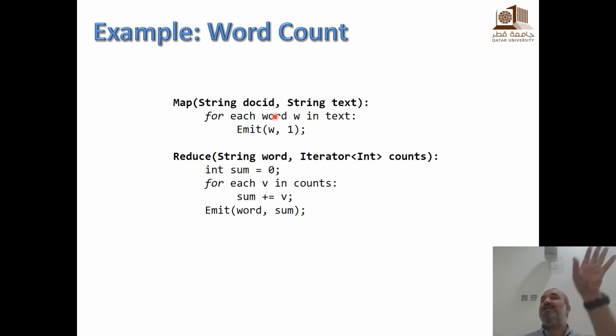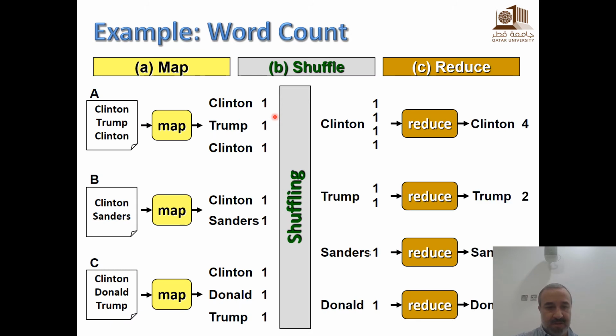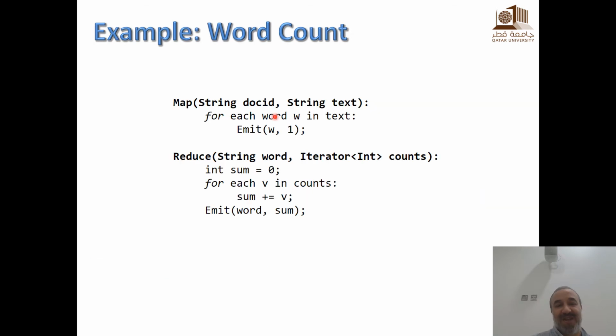So eventually I need Clinton 3, Trump I think was 2, something like that, right? Trump was 2. It's a little bit hard, you can go back to the code. Okay, here's the code. Take your time.